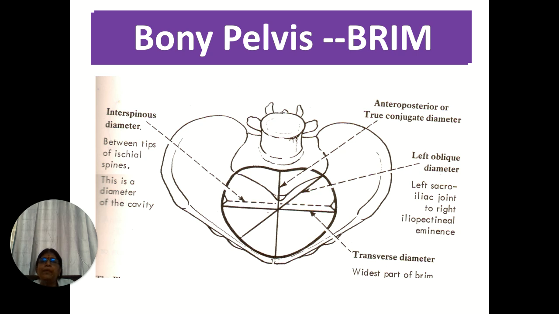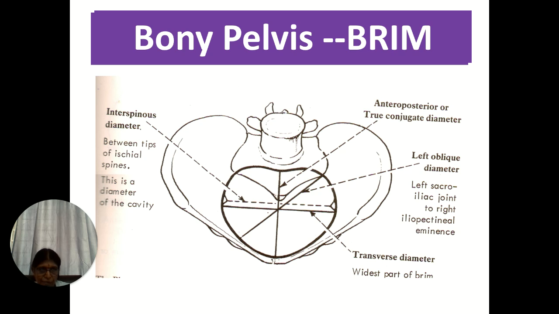Now coming to the inclination of the pelvis. When a woman is walking, the anterosuperior iliac spines and the symphysis pubis lie in the same straight line. So there is a certain amount of inclination of the pelvis. This inclination is the angle formed between the plane of the inlet and the horizontal.